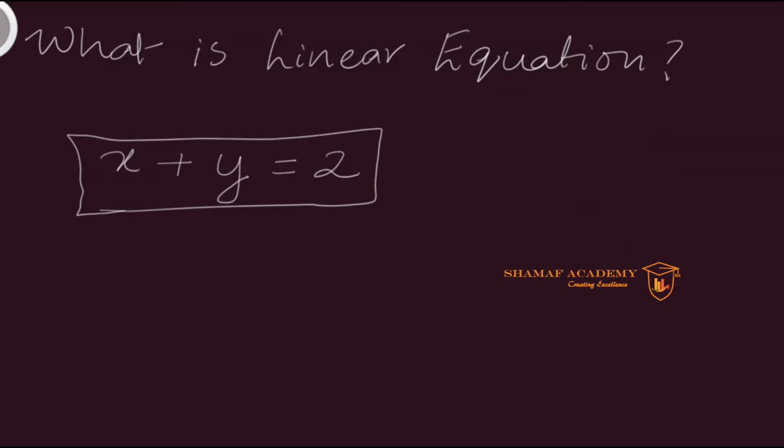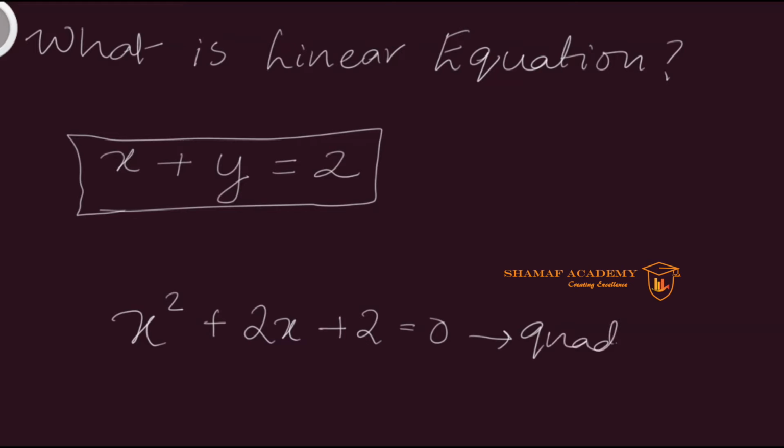Now suppose the equation is x squared plus 2x plus 2 equals 0. As you can see, this is to the power of 2, and when it is to the power of 2, it's called a quadratic equation. This is not for this chapter, but you can now distinguish between a linear equation and a quadratic equation.